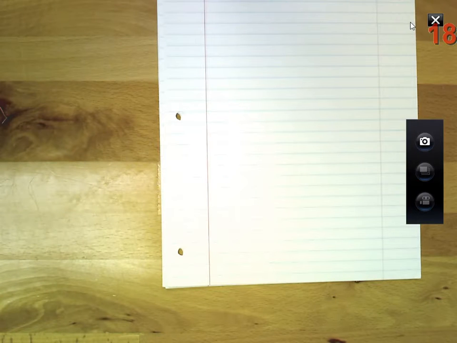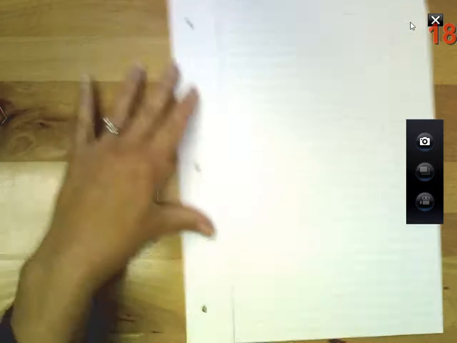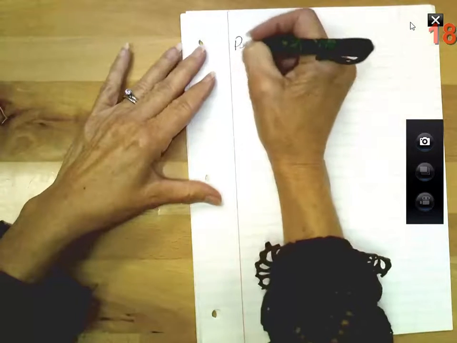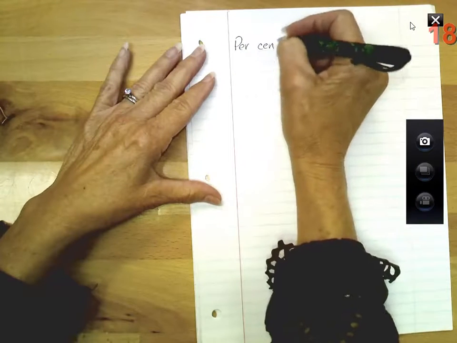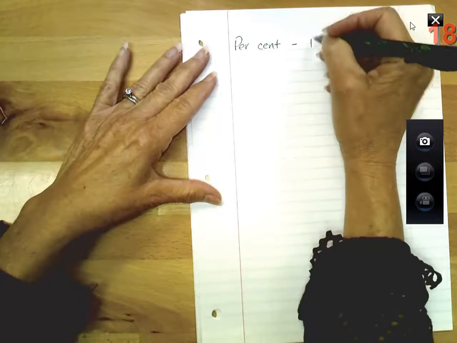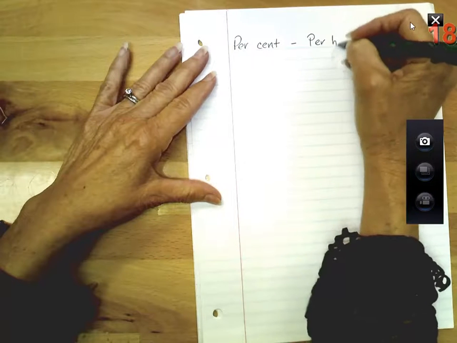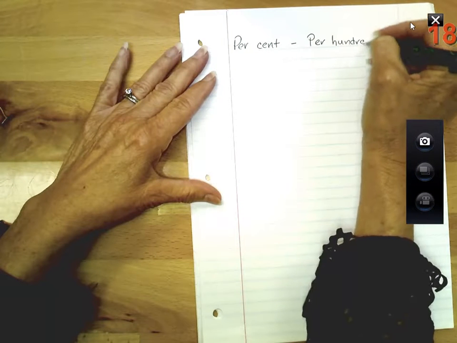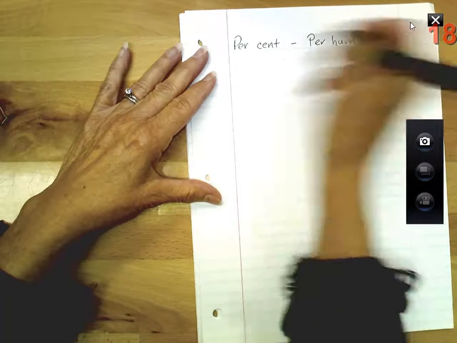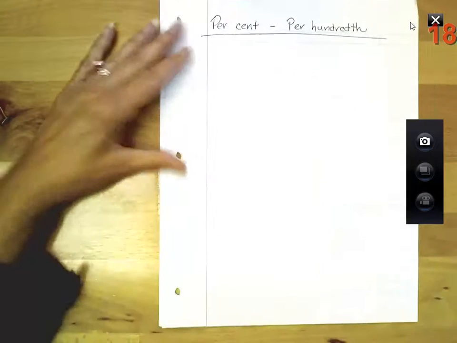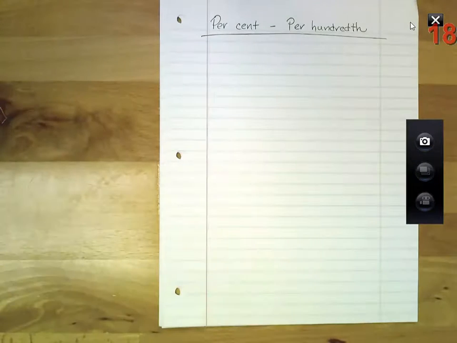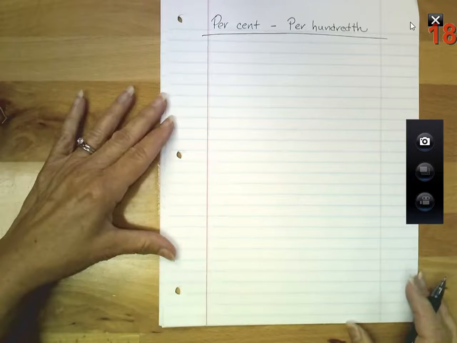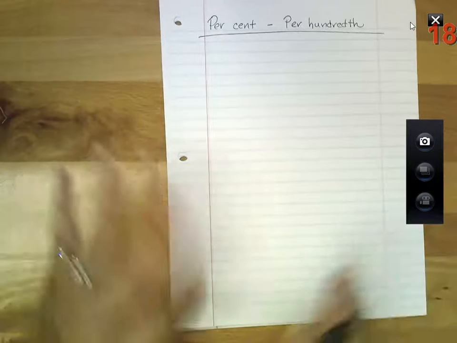Now, the next thing that we have is percent. Percent means per hundredth. So we just have to remember that percent means everything's in hundredths, divided into 100 little pieces.